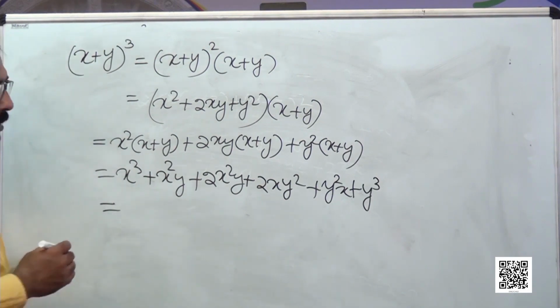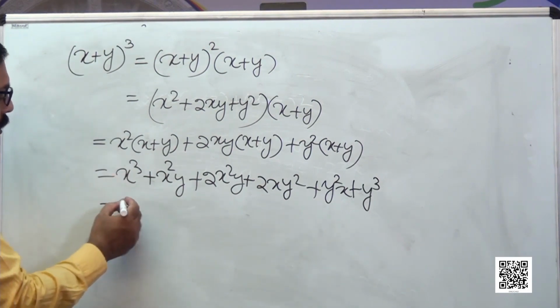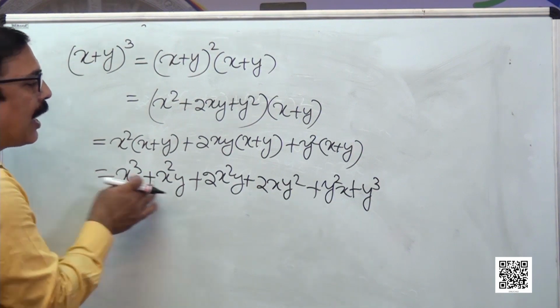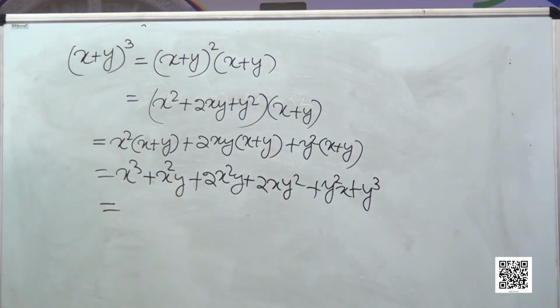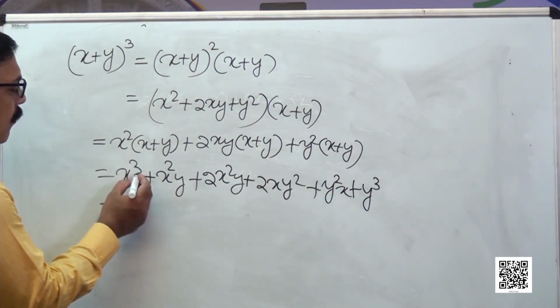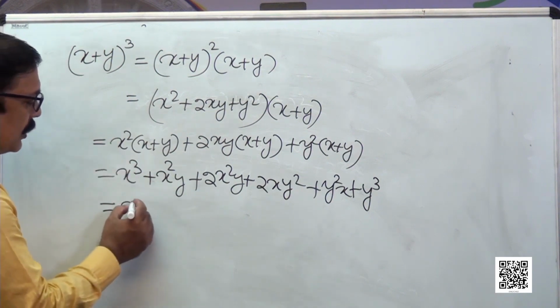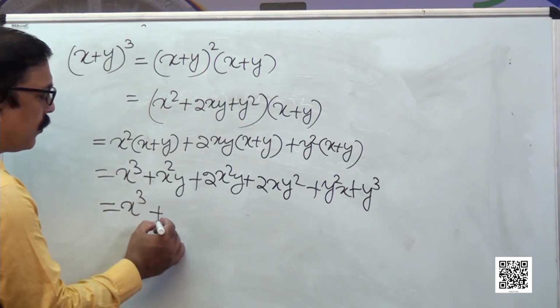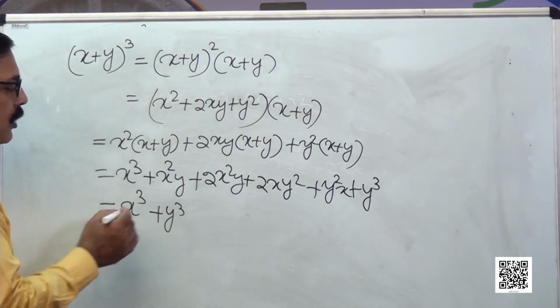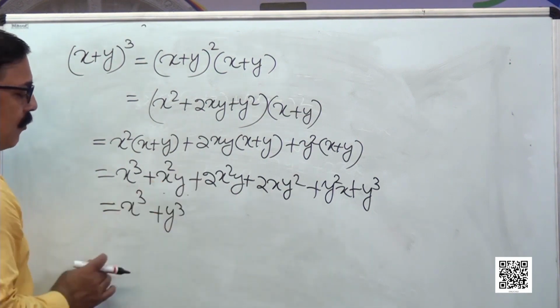Let's arrange them by their power, that is x cube plus y cube, then the x square and y terms.